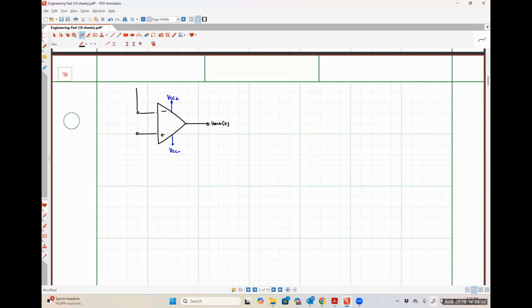Well, in a negative feedback system, we're going to have that same feedback path, RF, but now it's connecting our output terminal to our inverting input terminal. We could put some resistor Ri here and then apply some input signal here. And this is a negative feedback configuration.